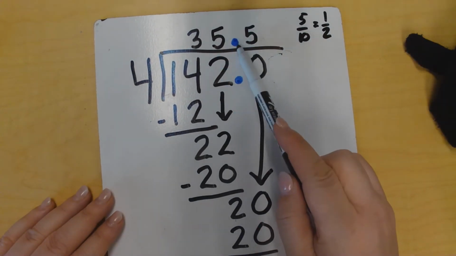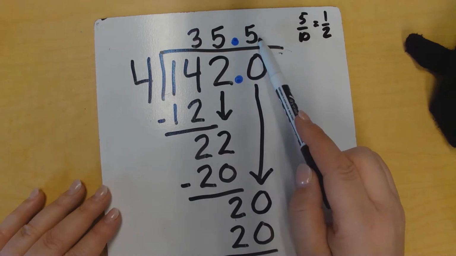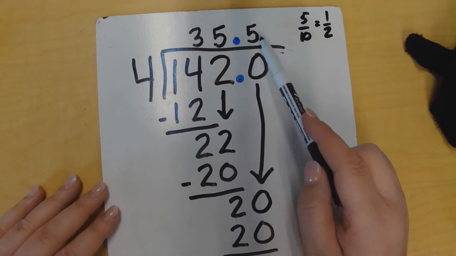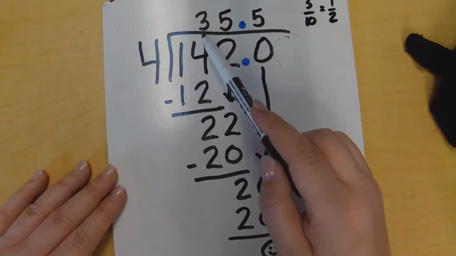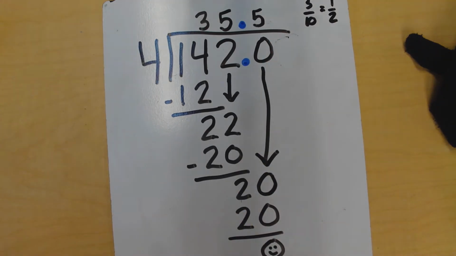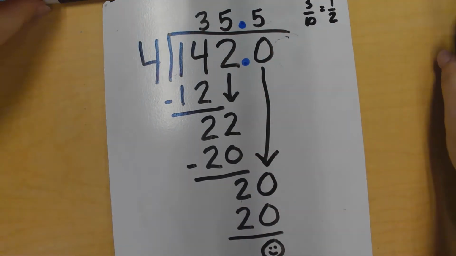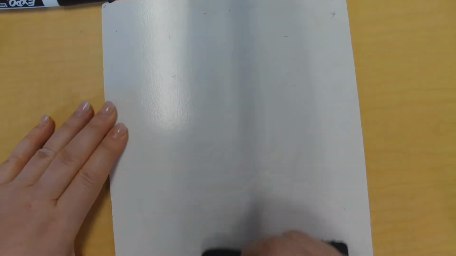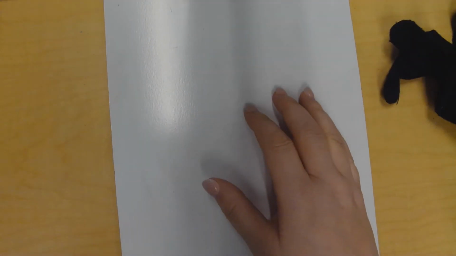And so when you see a decimal 5, that can also be spoken about as a half. So 35.5.